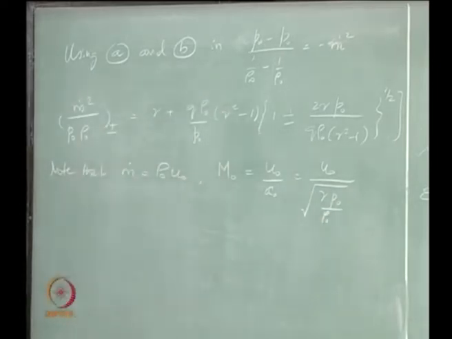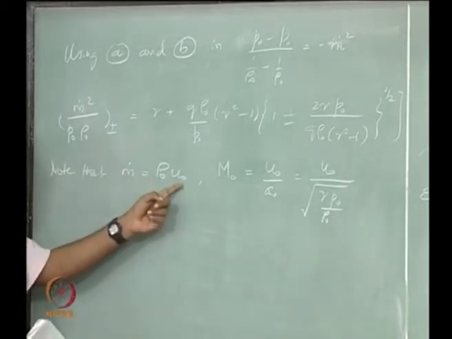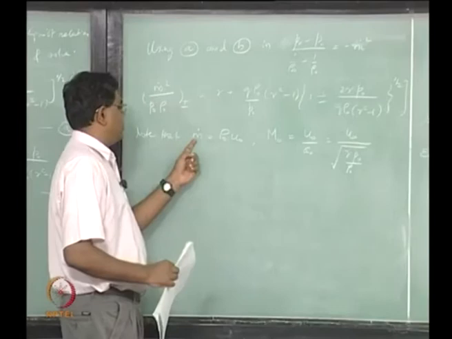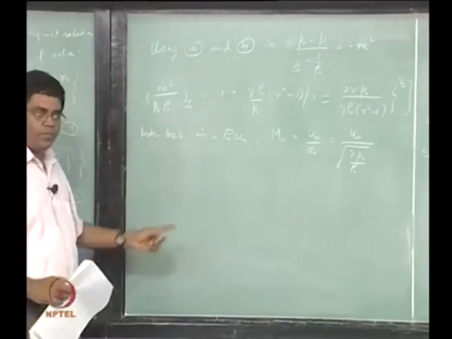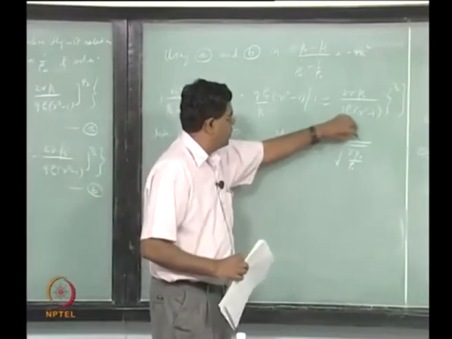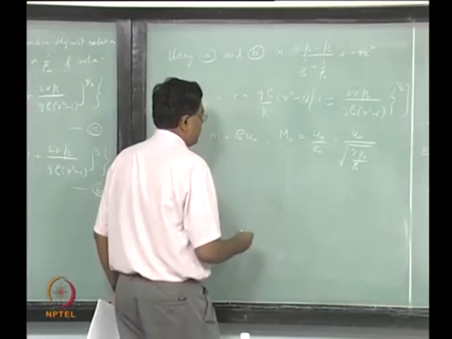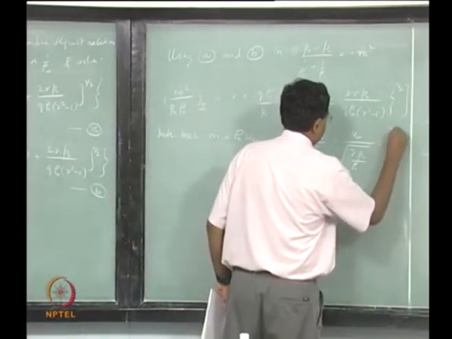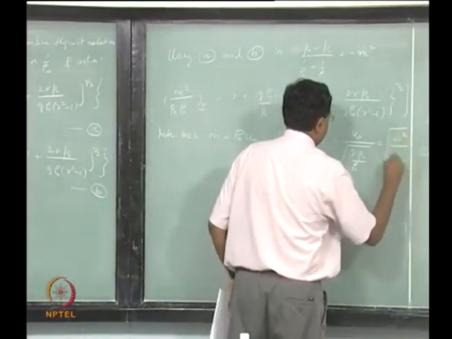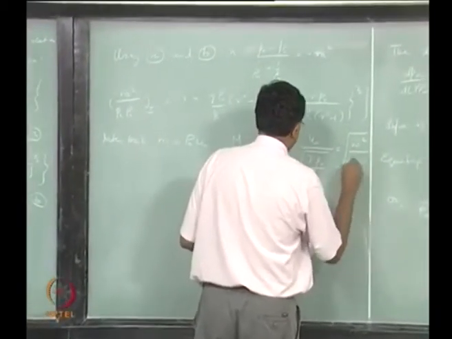If you now notice that m dot is nothing but rho naught u naught, so now you write your u naught as m dot divided by rho naught. You plug that over here, and this is nothing but square root of m dot squared divided by gamma P naught rho naught.